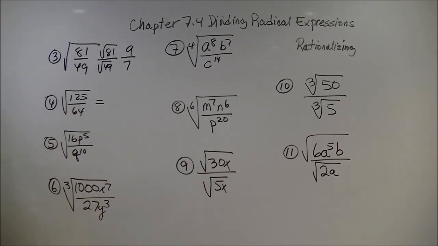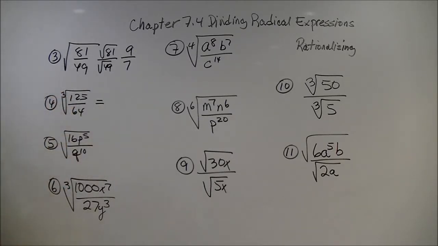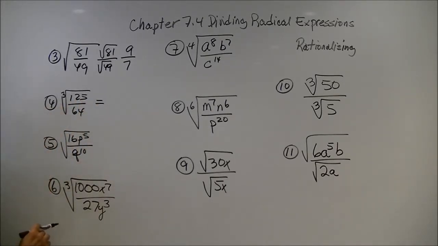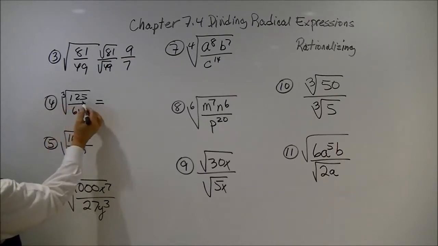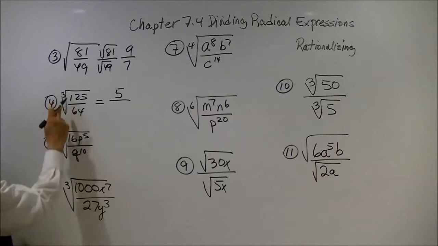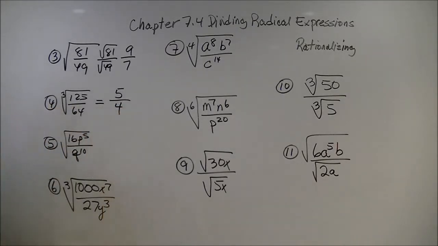Number 4, nope, there's a 3 there. Because both of these are perfect cubes. So the cube root of 125 is 5, and the cube root of 64 is 4.